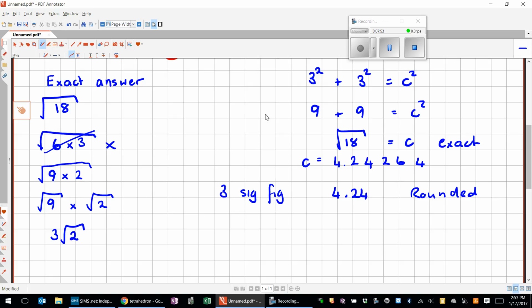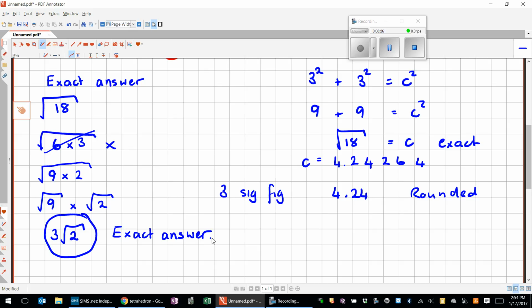So what would we really do on the test? I remember this. I don't like to focus too much on tests because it's more knowledge we want. But if they ask you for the exact answer, you have to give it in this form, so there'll be a mark for doing that. If they say give your answer to 3 significant figures, you have to do it to 3 significant figures, and there'll be a mark for doing that.